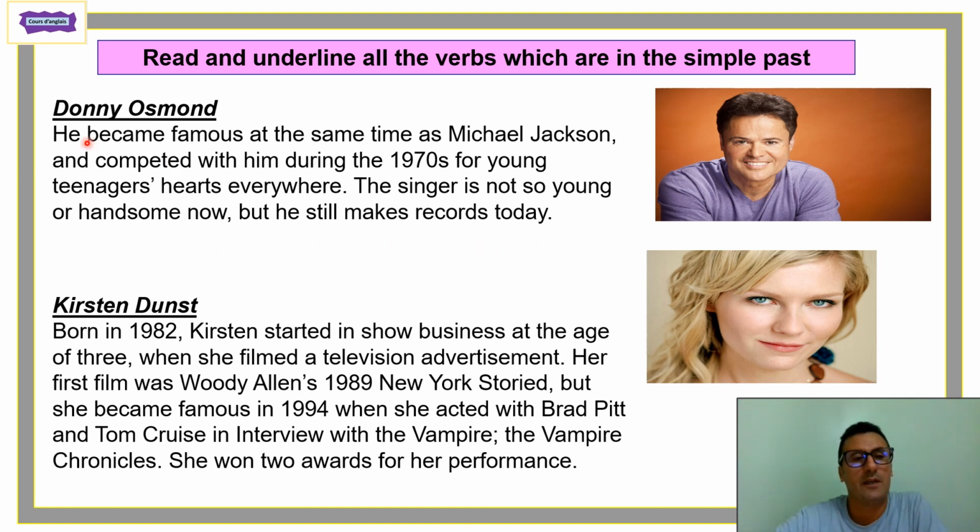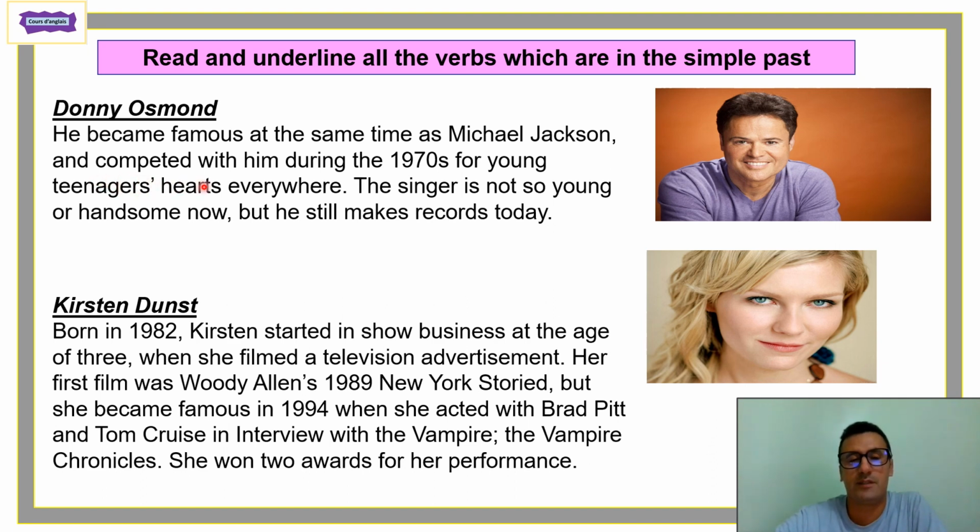Je relis. He became famous at the same time as Michael Jackson. Donc le verbe ici qu'on va souligner, c'est became. Pourquoi? Parce que ce verbe est mis au passé. He became famous at the same time as Michael Jackson and competed, participer.